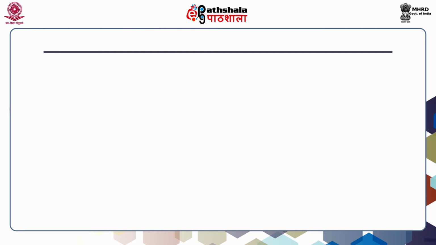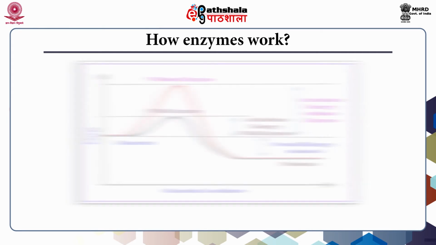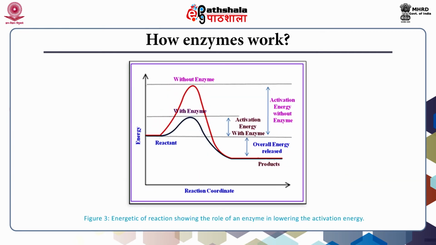Now let us look at how enzymes work and how enzymes help in lowering the activation energy of a reaction. This slide shows the energetics of a reaction, showing the role of an enzyme in lowering the energy of activation.